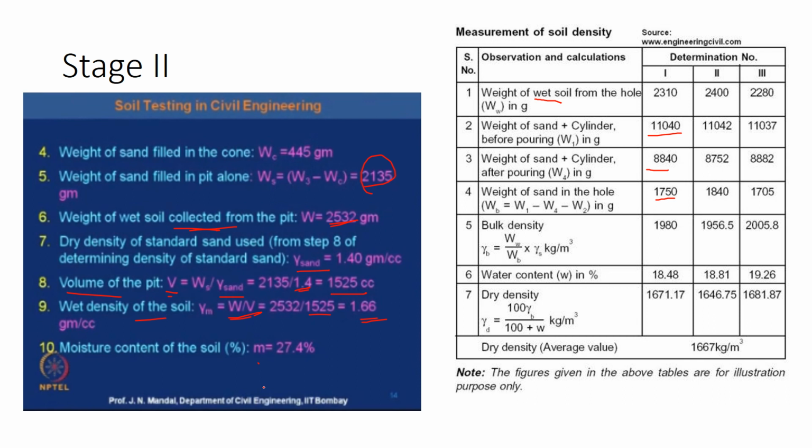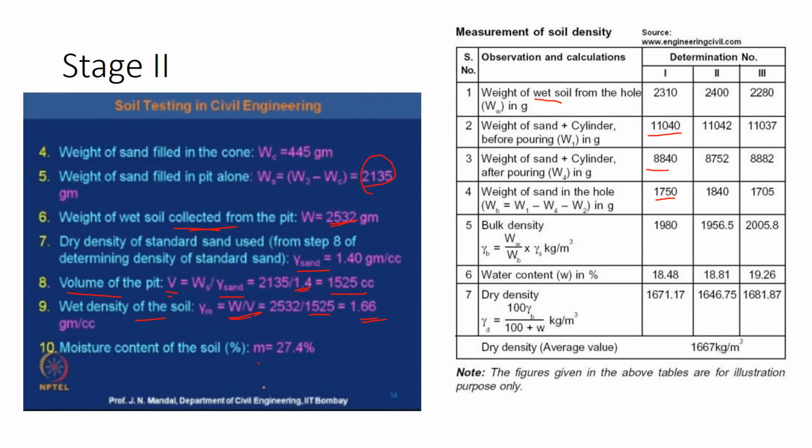See, in the first stage, we are finding the density of sand. Okay, we know the volume of can, weight of sand that is filling the can. In the second stage, we don't know the exact volume of the pit, because it is going to be uneven ground. Even though we dig it for 10 centimeter height and 15 centimeter diameter, it is not going to give you the exact volume as our can.